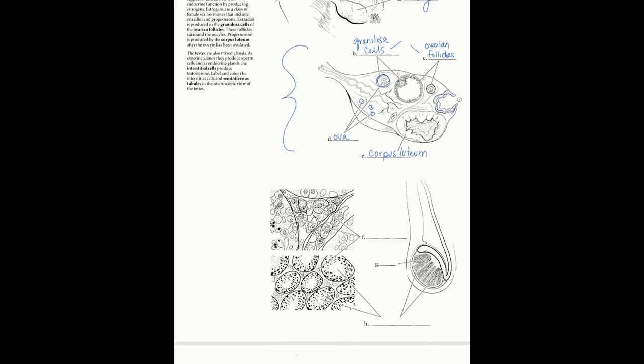And then let's go ahead and talk about the males. With the testes here, we're just looking at one testis. And the testis is going to produce sperm via exocrine function. So exocrine function meaning that the sperm is going to be released into ducts, and those ducts are called seminiferous tubules.